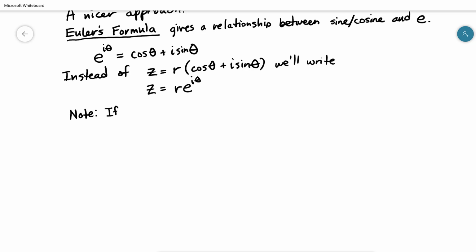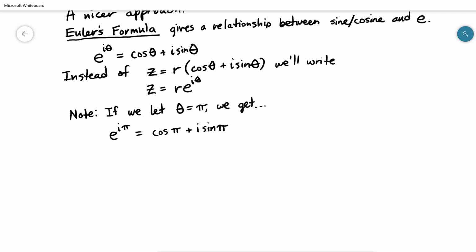If we, so let me write a complete sentence here. If we let theta be equal to pi, we get a really interesting formula. So we will get e to the i pi equals cosine of pi plus i times the sine of pi.